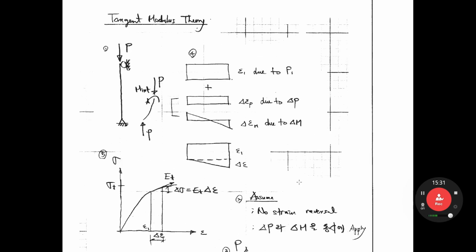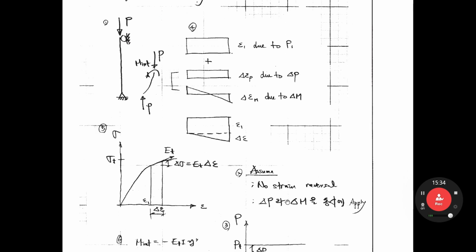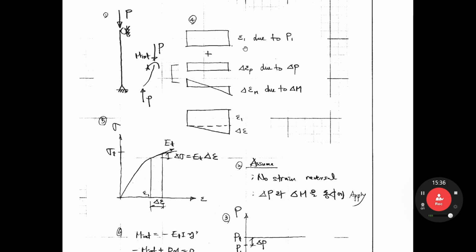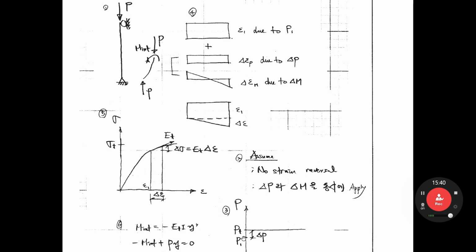In this tangent modulus theory, firstly we consider epsilon 1 at this point, just before the buckling load, epsilon 1 due to P1. Here, P increases, then sigma increases. And then we assume delta P and delta M are applied at the same time.